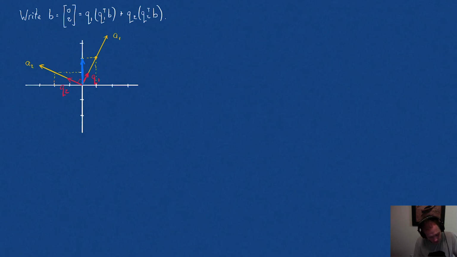Let's try Q1 transposed B. Q1 transposed B is going to be 1 divided by the square root of 5, 2 divided by the square root of 5, times the vector b, which is 0, 2.